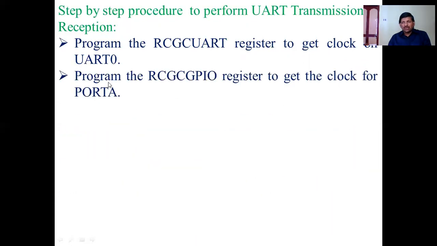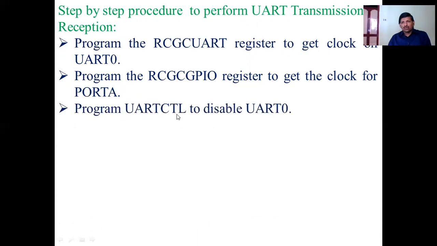Next, program the run mode clock gate control GPIO register to get the clock for port A. First, enabling the clock signal for the UART module. Next, enabling the clock signal for input or output pins, that means port A.